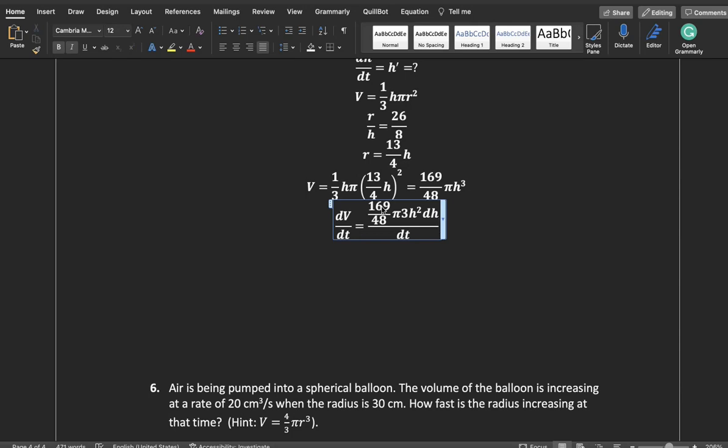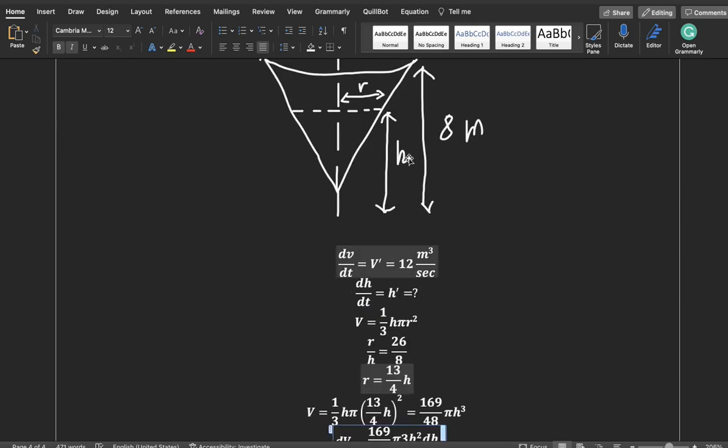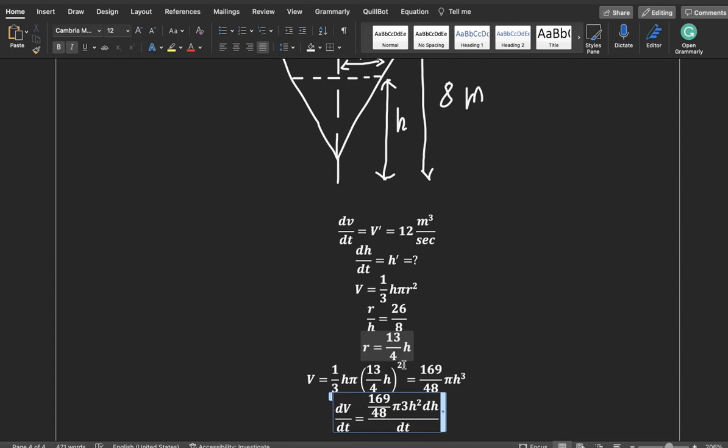Chain rule. Remember that r is equal to 13 over 4 times h. So if you know h, you can find r.